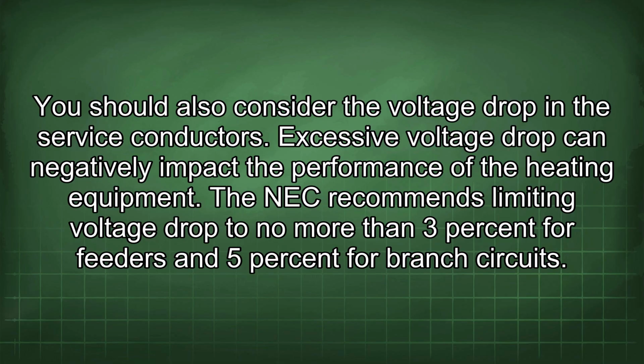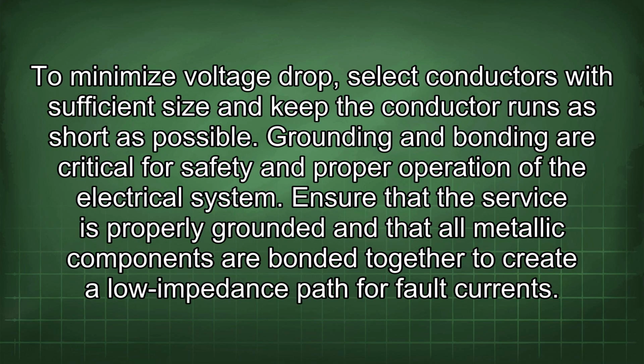Excessive voltage drop can negatively impact the performance of the heating equipment. The NEC recommends limiting voltage drop to no more than 3% for feeders and 5% for branch circuits. To minimize voltage drop, select conductors with sufficient size and keep the conductor runs as short as possible.